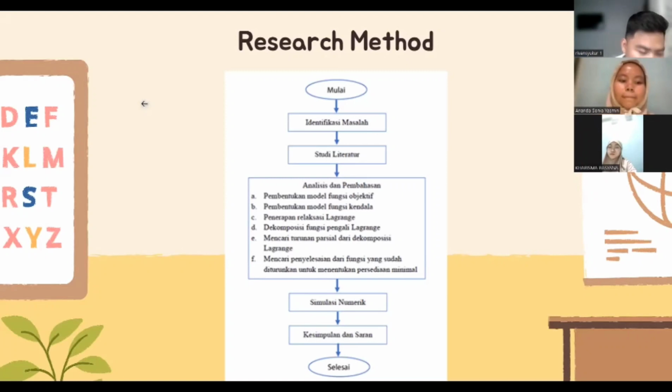The author applied Lagrange relaxation to the objective function and constraint function models with the Lagrange multiplier. This process involves decomposing the multi-item parts Lagrange multiplier function into a single item function, and finding the solution of the function by deriving the Lagrange multiplier decomposition function partially with respect to each variable and the Lagrange multiplier.